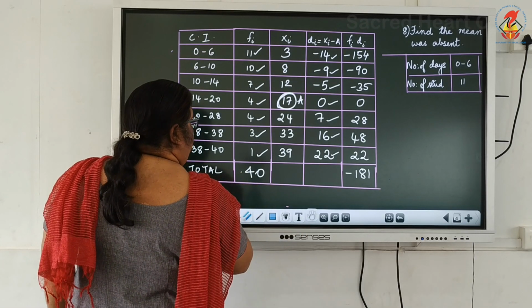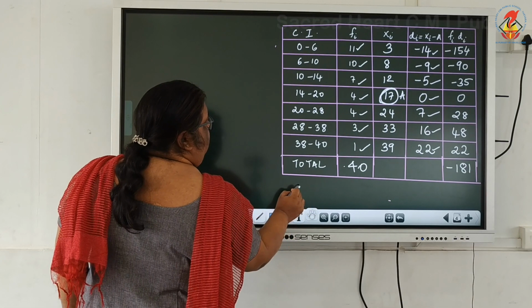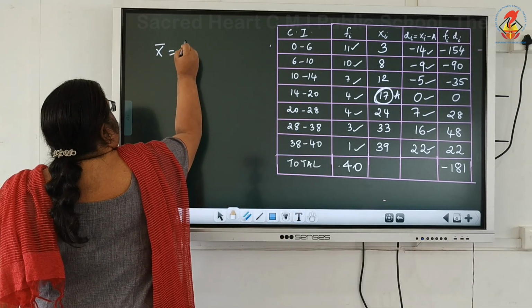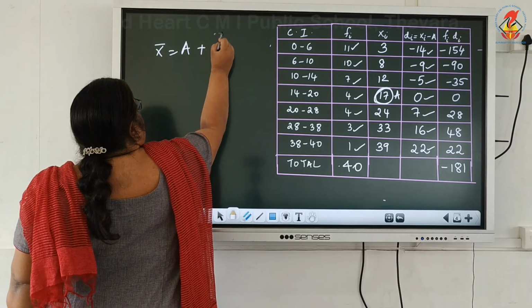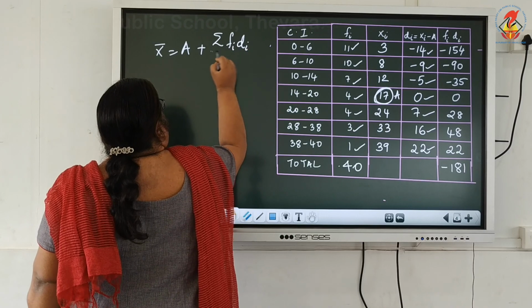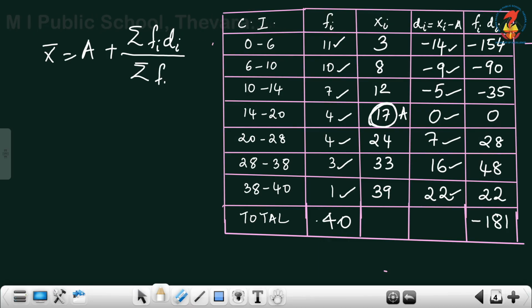So now you have all your information. You can find x bar. What is the formula? A plus sigma fi di by sigma fi. What was your assumed mean? A, 17, plus minus 181 by 40.